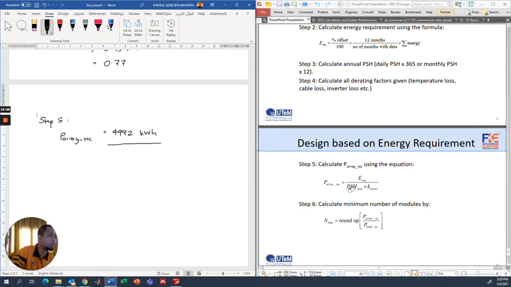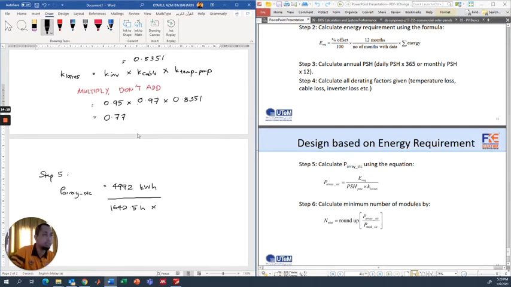Basically, we want to calculate the annual peak sun hour as seen by the module. So we put the value we calculated just now, 1642.5 hours, multiplied by the losses, which we calculated as 0.77.